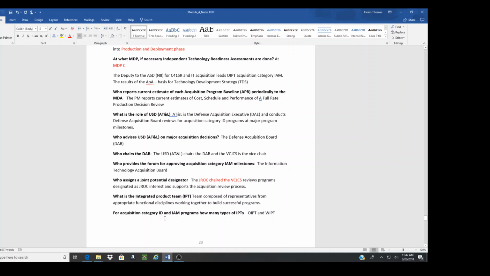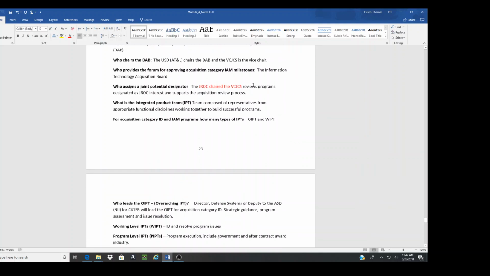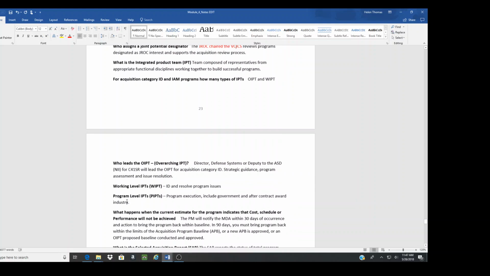For acquisition category 1D and 1AM programs, how many types of IPTs do we have? It says we have two, the overarching and the working level. Actually, OIPT and WIPT. Who leads the OIPT, the Overarching Integrated Product Team?